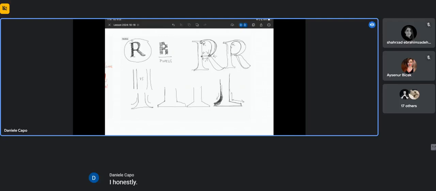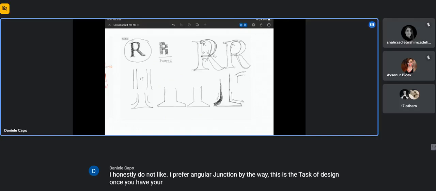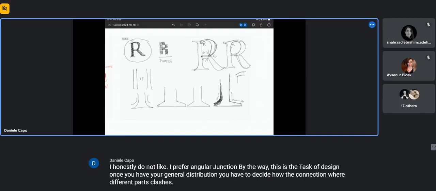I honestly do not like it, I prefer angular junctions. By the way, this is the task of design. Once you have your general distribution, you have to decide how to resolve the clash between different parts of your letters where they connect.